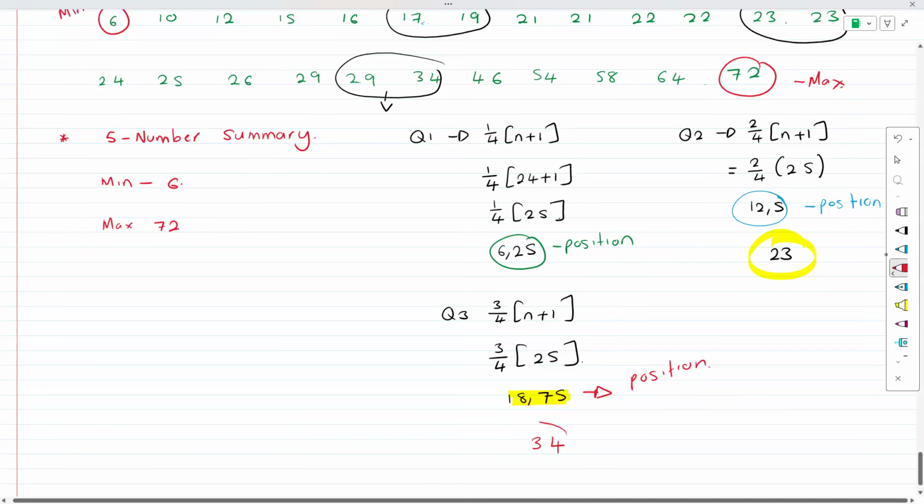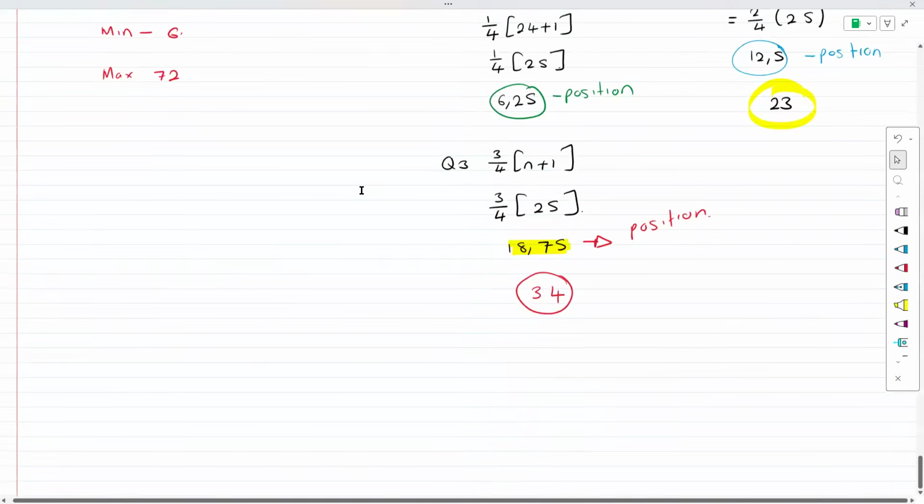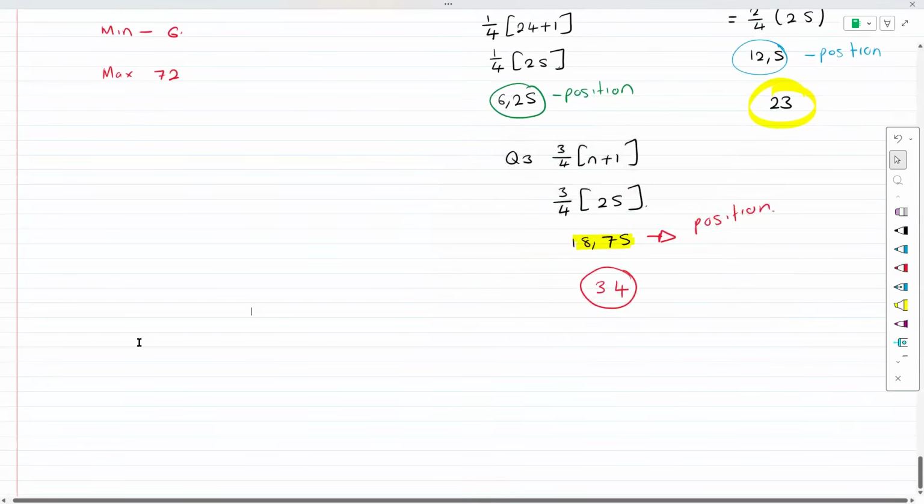So we're going to use 34 as the answer. And for this one, because it's below 5, we're going to use the previous number, which is 17. So that's quartile 1, and that's quartile 3. It just makes things a little bit easier for basic stats in grade 10. It's not perfect, but it does work for now.